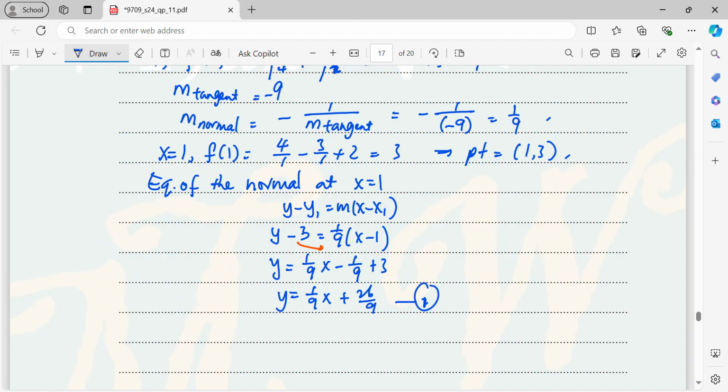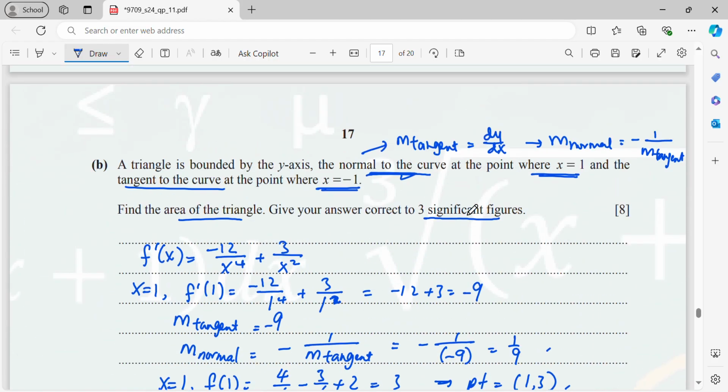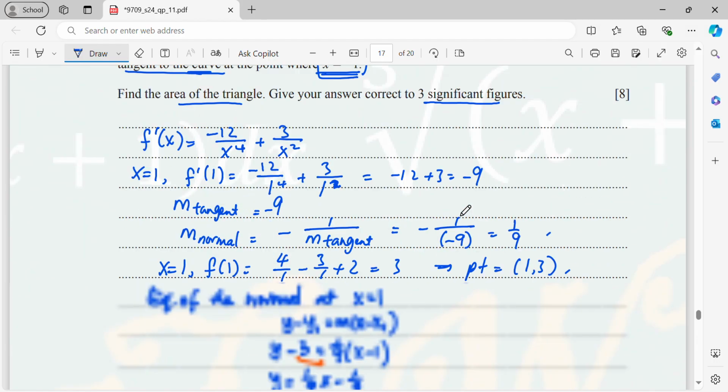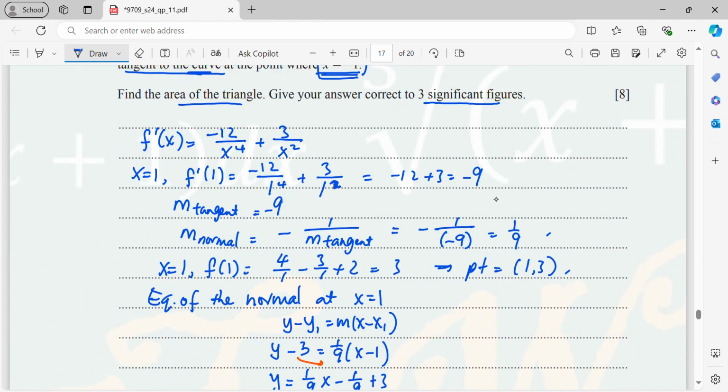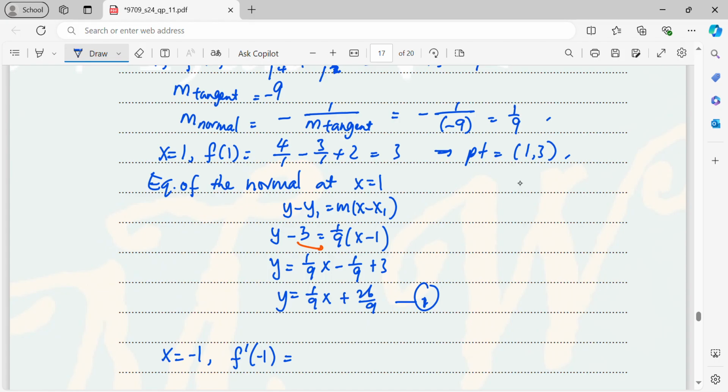Okay, equation of normal. Then now, at the same time, when x equals minus 1, it is a tangent line. So when x equals minus 1, I need to find out what is my f prime of minus 1. So just refer back to this f prime x, replace the x by minus 1. It will not affect the calculation because it is still positive in the denominator.